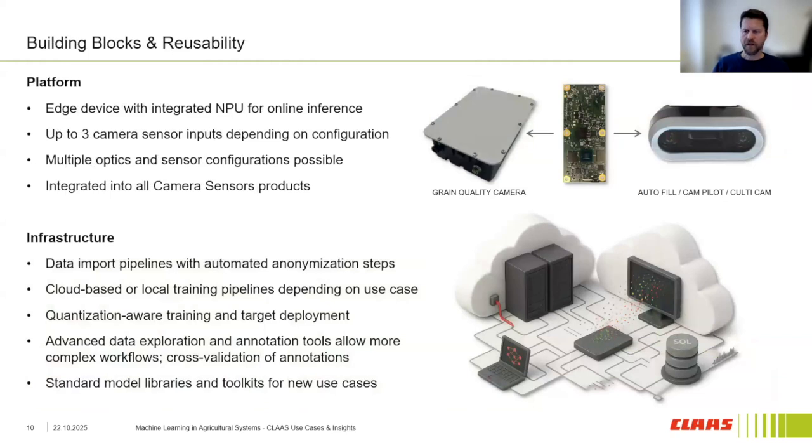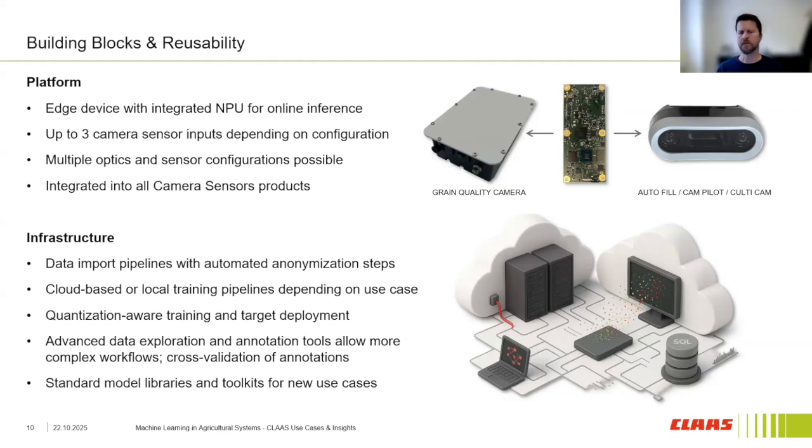Some of the building blocks that we have available to create these systems: we have an embedded platform that we employ in all our camera products. This platform offers a hardware accelerator or an NPU that can execute these AI models. It will handle 1 to 3 camera sensors or image sensors, and you can configure it in several different ways depending on the use case.